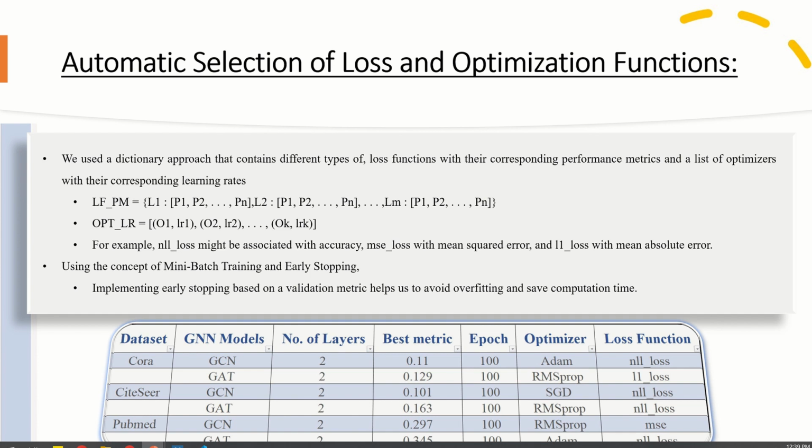In Cora with GCN, the best metric we achieved was 0.11 with 100 epochs, and the optimizer the algorithm selected itself is Adam and the loss is the NLL loss. In the same way for the GAT, we achieved a best performance metric value of 0.129 with 100 epochs, and RMSprop was selected as the optimizer by the algorithm, and L1 loss was selected as the loss function by the algorithm.